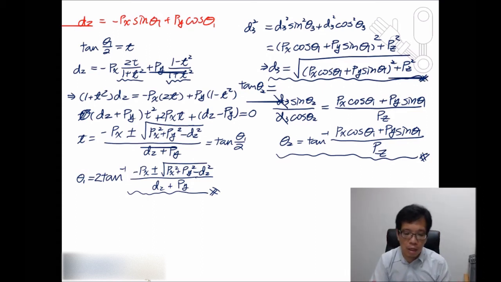Okay, this kind of equation might be a little bit different because theta 1 over here can have one or two answers. We got positive and negative sign over here. So once you get the answer over here, you should get a pair, not only one. Plug this one into those two solutions, you should be able to get d3 and theta 2 located at different positions.